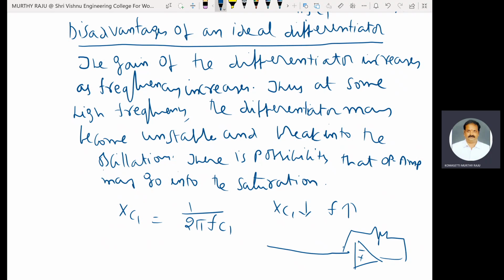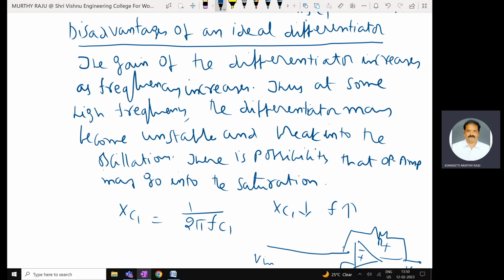Some noise signals reach the output. When such noise gets amplified due to high gain at high frequency, noise may completely override the differentiated output.